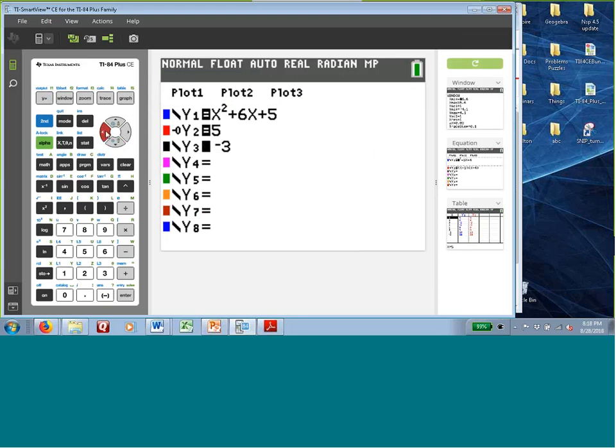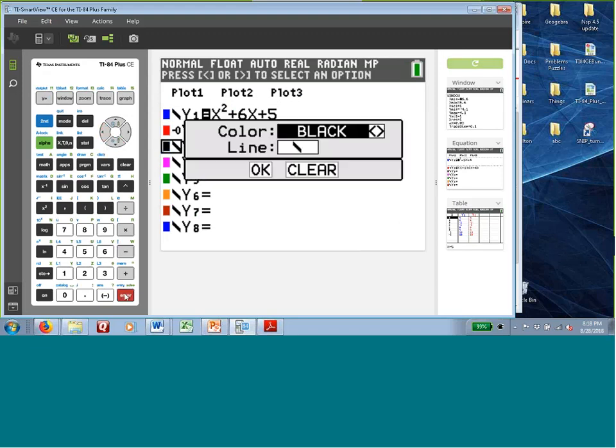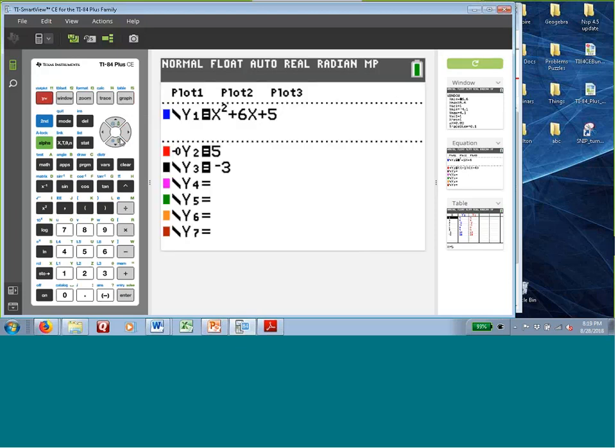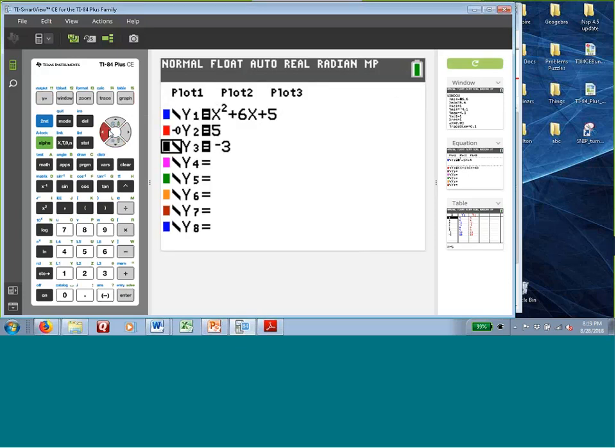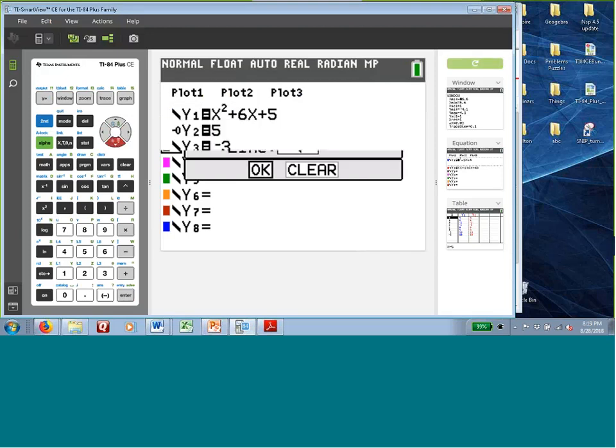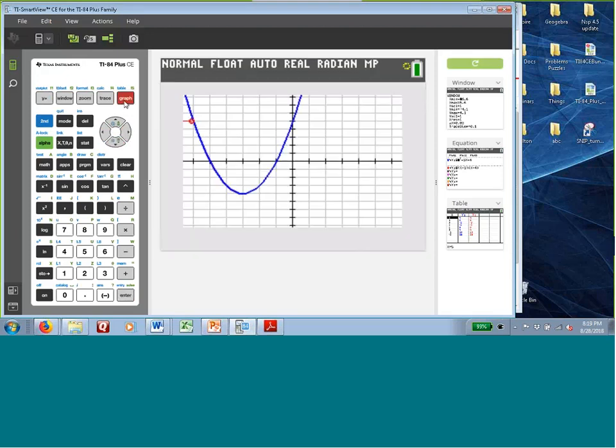And y3 is in black. That makes it a little bit hard to see. Let's change that color. Oops, it didn't work because I didn't press enter. Okay, so here are some horizontal lines for students to think about.